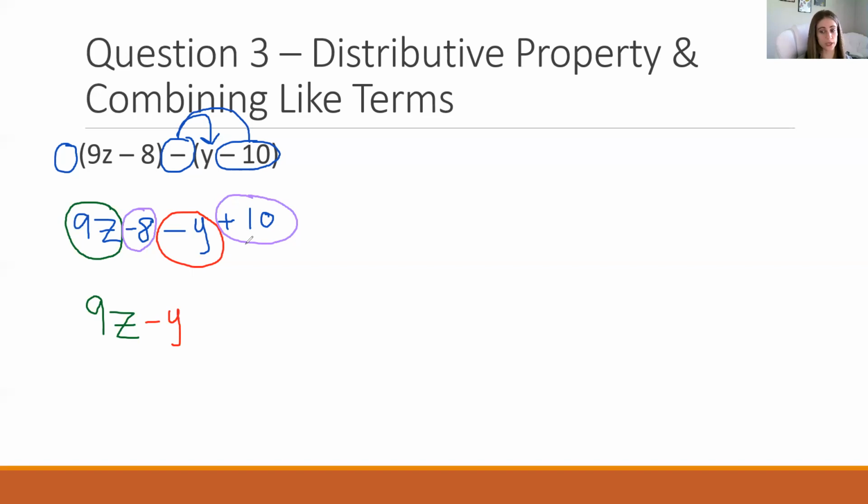Our signs are different, -8, positive 10. That means we're going to subtract. 10 minus 8 is 2. 10 is the larger absolute value. 10 was positive, which means our answer is a positive 2. Anything else we can do here? Any other like terms? Nope. We are done. That is our answer.